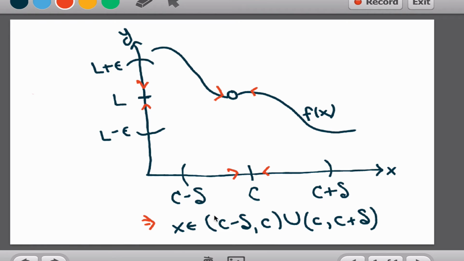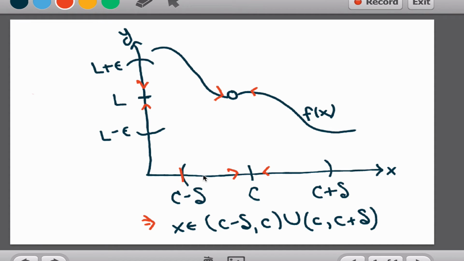If x is in this interval, if we remember our interval notation, this is precisely the same as looking at this x-axis and this little interval that we've carved out, this open interval, in which we do not include the value c because it could be undefined, as in this image here. We begin at this endpoint of the interval, c minus delta.